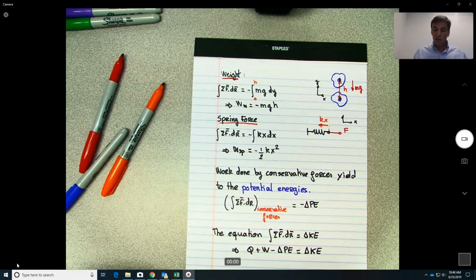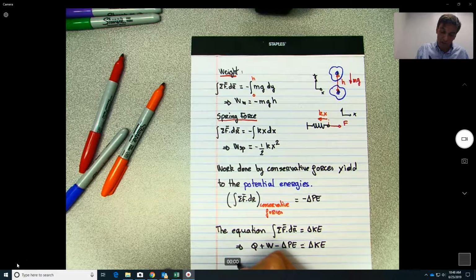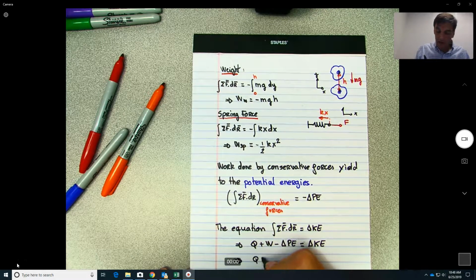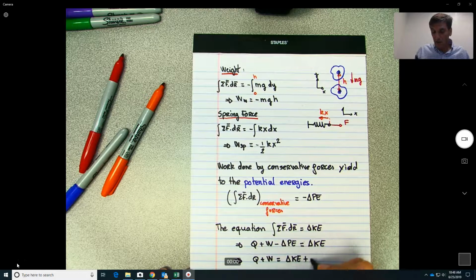So if we rearrange this equation, we have that heat plus work equals the change in kinetic energy plus the change in potential energy.